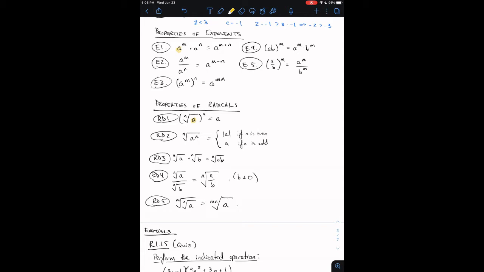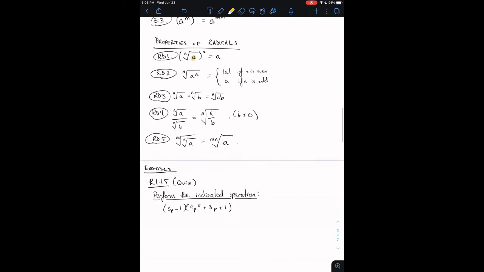And then for the fourth and fifth properties, this just says that exponents distribute across multiplication and division. So if you take a product of two things to a certain power, then that power gets distributed to each of the individual things in the product, and similarly with division.